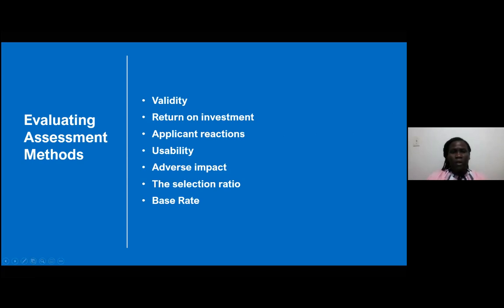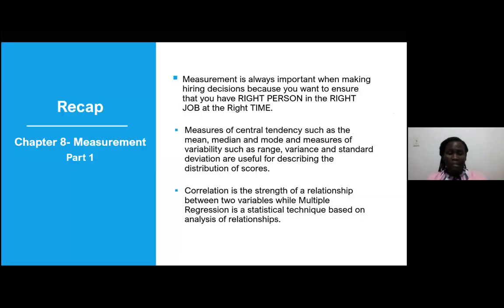So just to give you a recap on what measurement is all about, it's important that when you're making your hiring decision, you have the right person being hired in the right job at the right time. So that's something that we always have to take into consideration. You want to also measure central tendency, which includes the mean, mode, and median that Nicola would have spoken about.